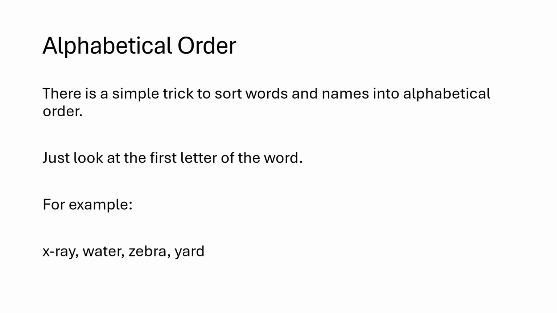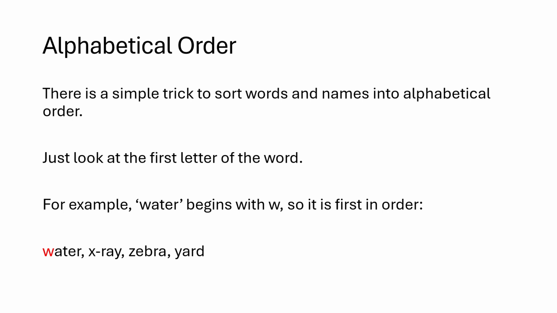There is a simple trick to sort words and names into alphabetical order. Just look at the first letter of the word. For example, X-ray, water, zebra, yard. Water begins with W, so it is first in order. X-ray begins with X, so it is next in order.